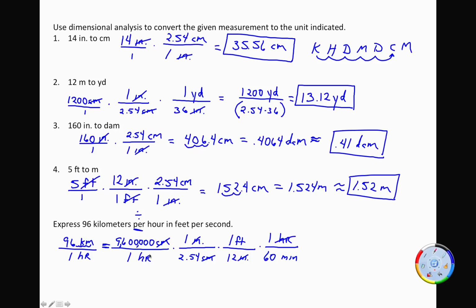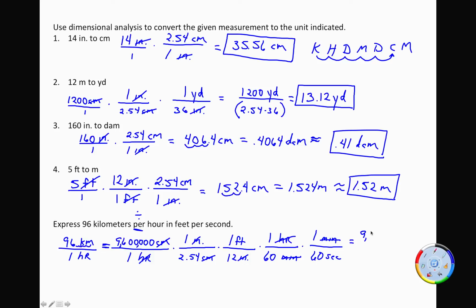Okay, now notice I'm in feet per minute, but I want feet per second, so I also know that 1 minute is 60 seconds. Now notice what my units are. Feet per second. Perfect. All I have to do is do the math.